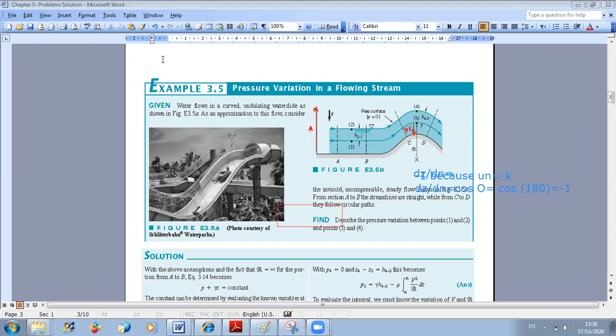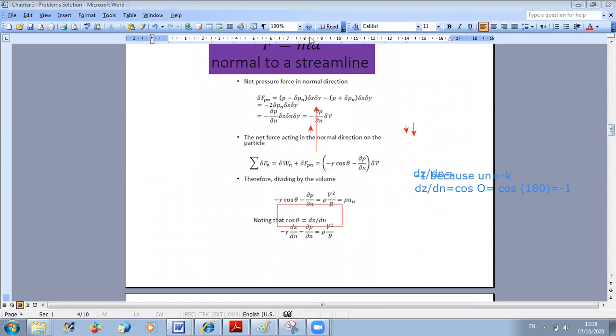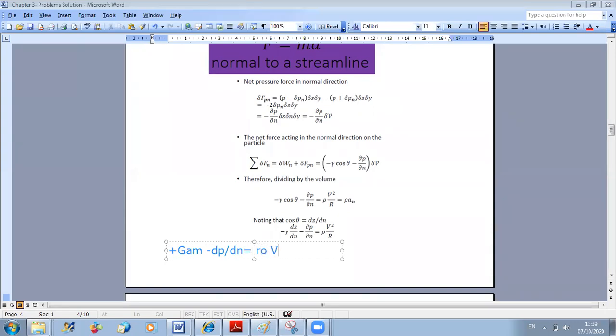My formula, as we said, is minus gamma dz by dn minus del p by del n equals rho V squared over R. Since dz by dn is minus 1, if I replace it, I will get plus gamma minus del P by del N equals rho V squared over R.